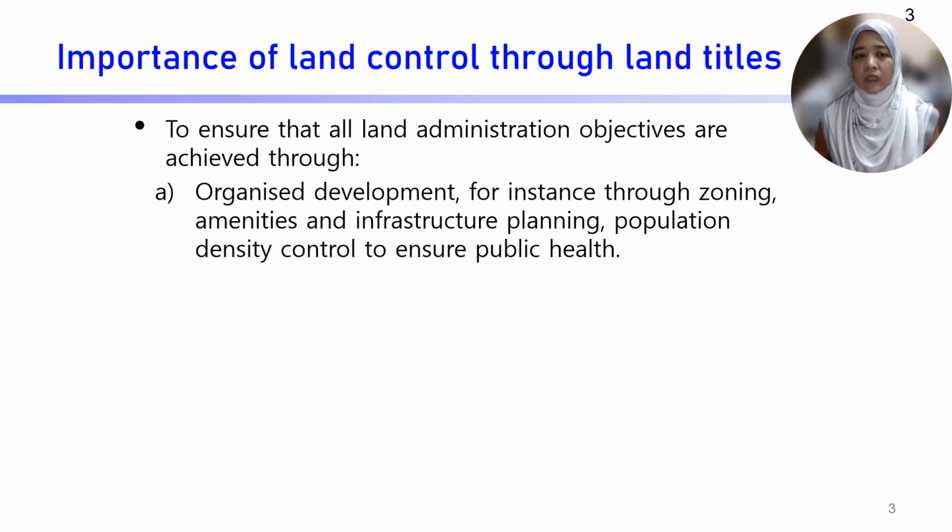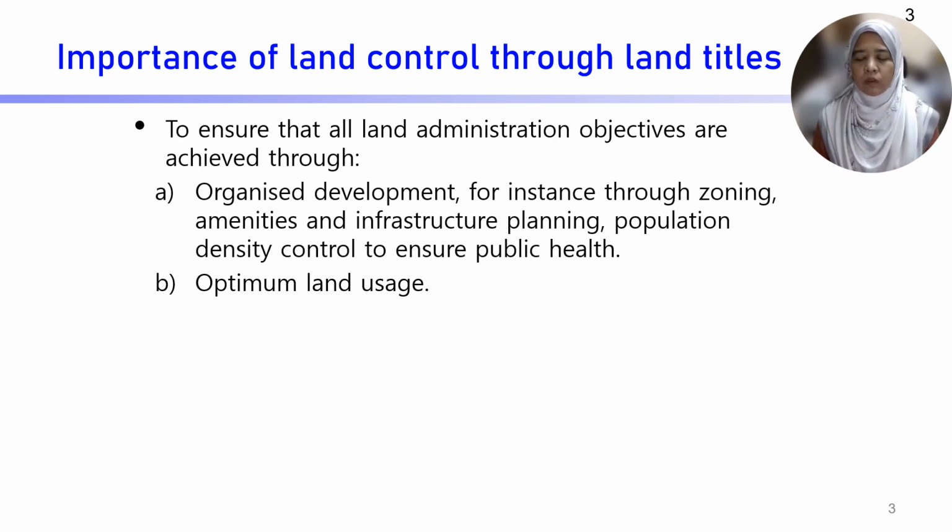Now, the second one is to ensure optimum land usage, because as we mentioned before, land is a scarce resource. We cannot afford to waste land. Land waste can occur through land development, for instance, abandoned projects.